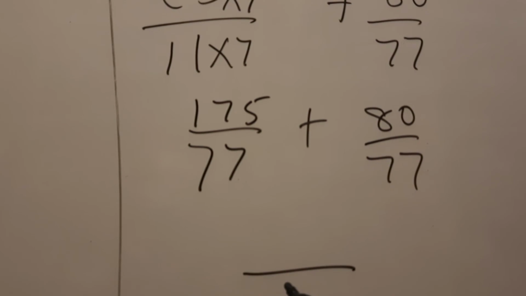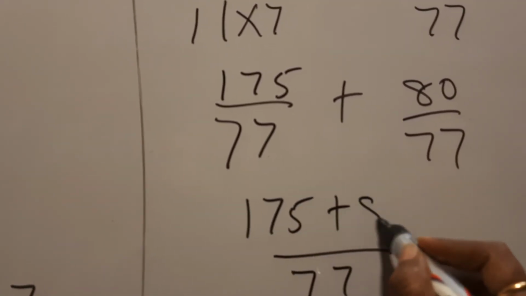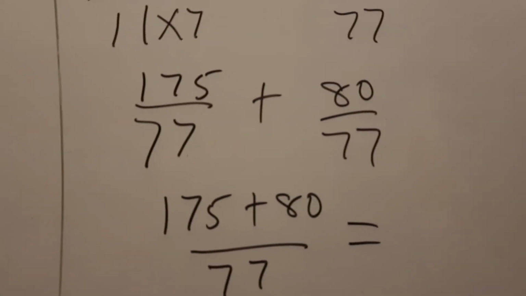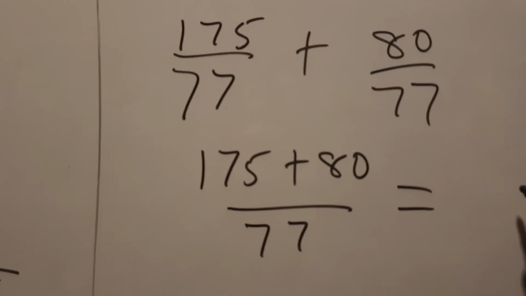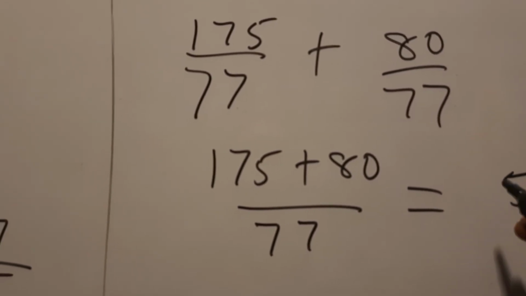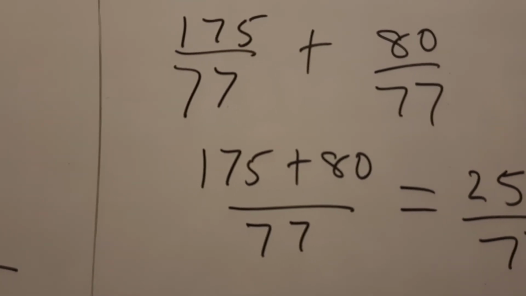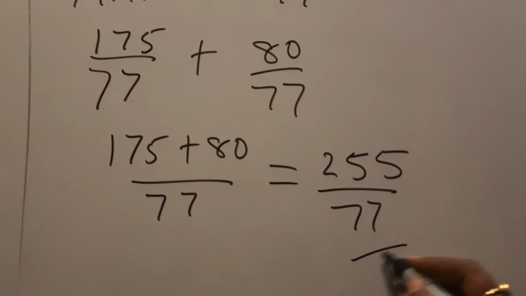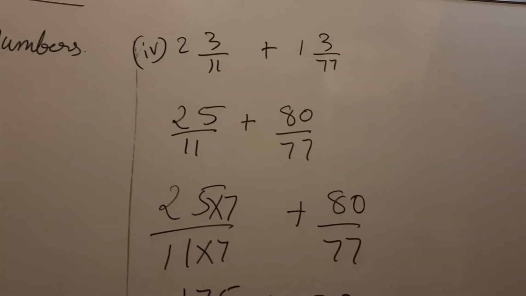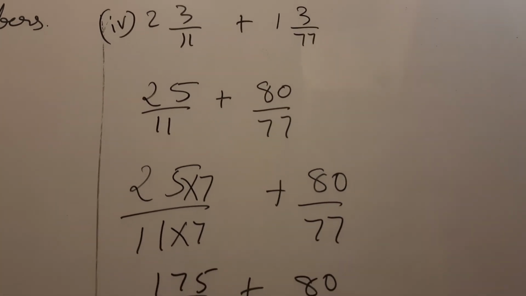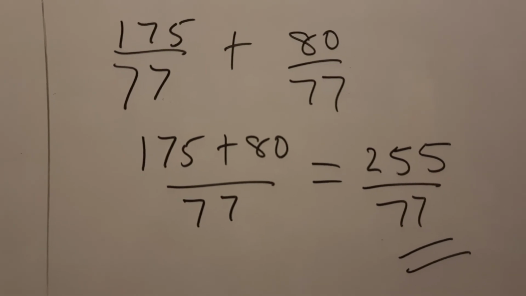Now we will write down under one line. 77, 175 plus 80 is equal to, add them, 0 plus 5, 5, 7 plus 8, 15, 1 carried, so 255 upon 77. So that's our final answer. Hope you have understood, children. The number looks big. Don't get scared. Just go on simplifying. You know everything. Only we have to put it to use.